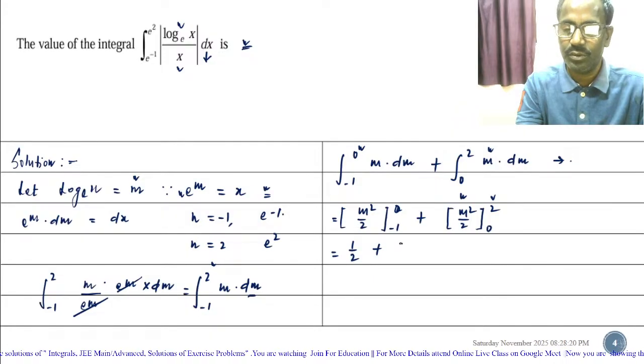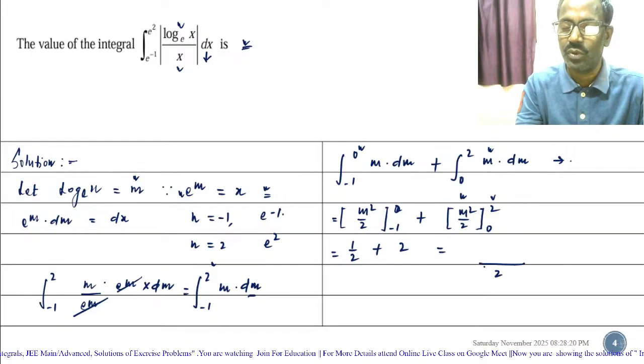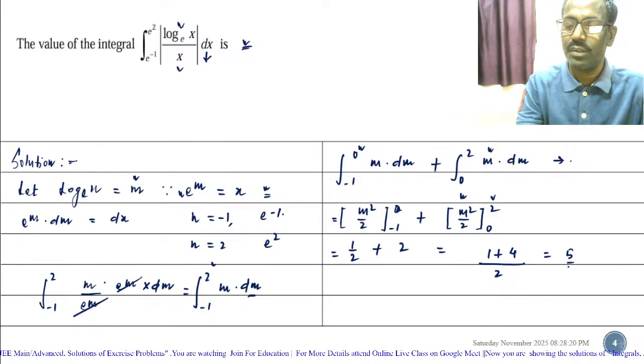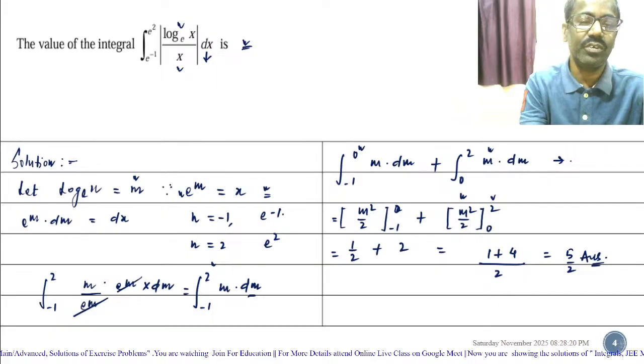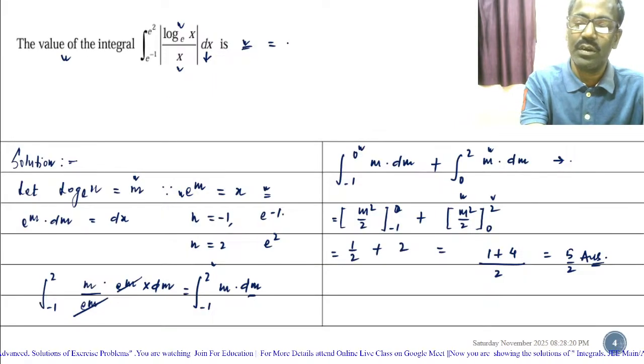So we get 2. Taking the LCM 2, 1 plus 4, we get 5 by 2. This will be the answer of this question. So the value of the integral is 5 by 2.